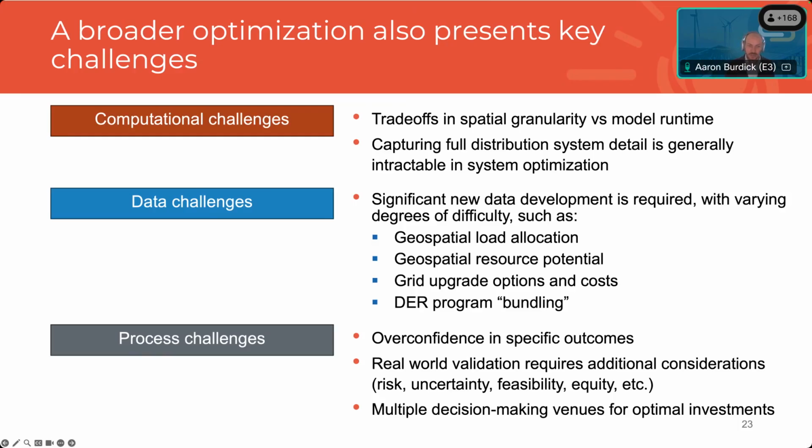So there are considerations of risk, feasibility, equity amongst different customer classes beyond just the optimization process. And then lastly, even if we could build a model that could optimize everything, we have to recognize that the decision-making venues for different planning domains may be different, and the timelines for those may be different. So I'll talk shortly about some recommendations that we make to overcome some of these process challenges.